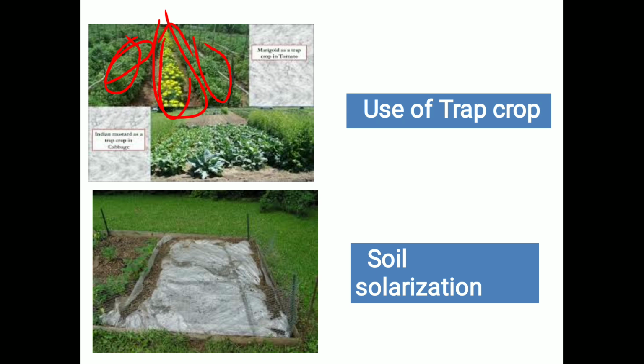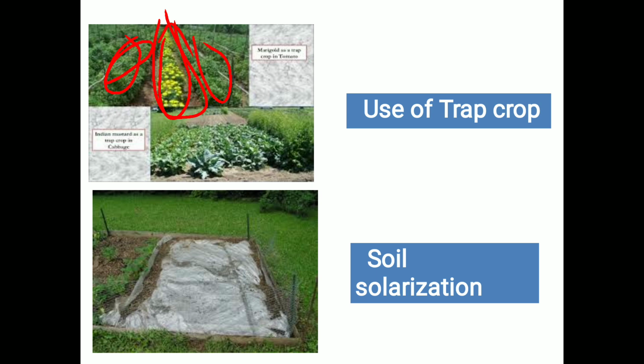That non-host crop is planted in between the rows of two main crops. So the trap crop attracts different types of agricultural pests, different kinds of insects, and due to that our main crop is prevented. So this is about trap crop.